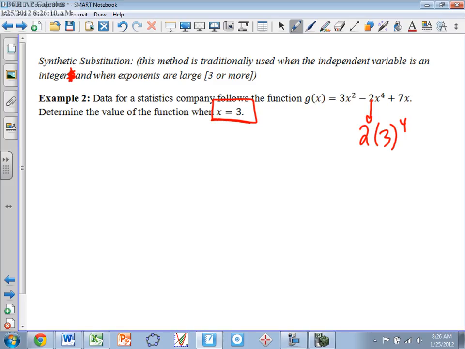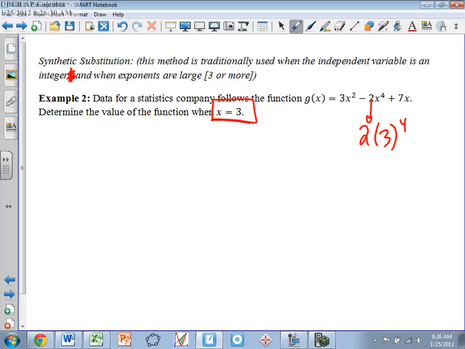Ashley, what'd you say your number was? What'd you get? Negative 132. I got 114. Anybody get negative 114? Are you using a table function?